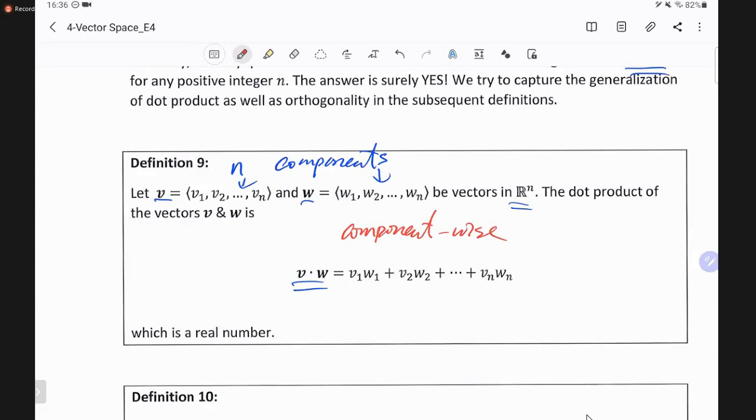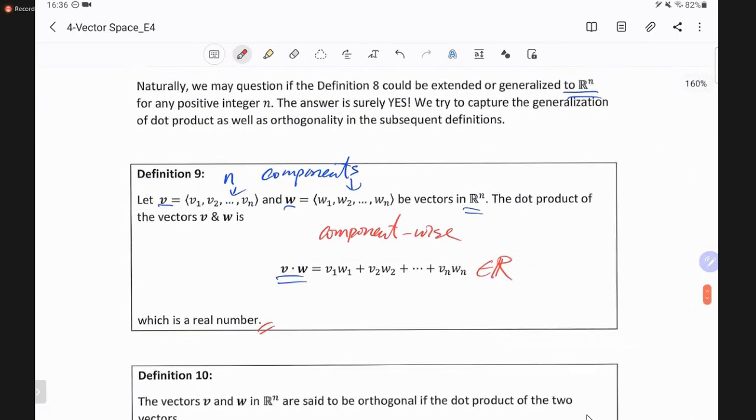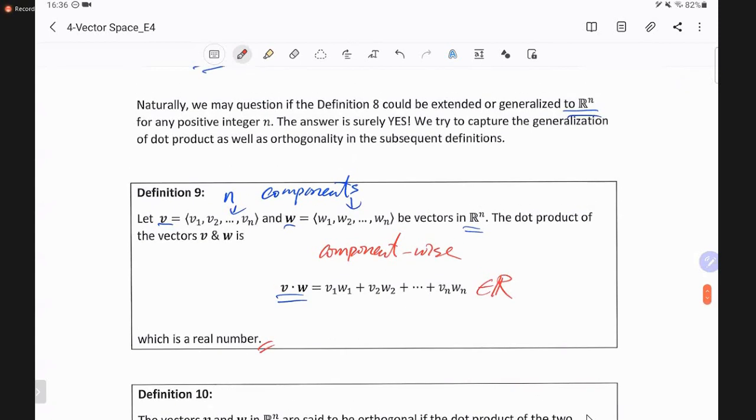This is the generalization of the dot product, and no matter what dimension we are talking about, do remember that after the evaluation you will get a real number. So this is definition 9, the generalization of the dot product.